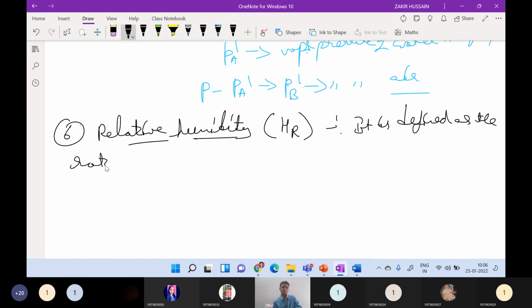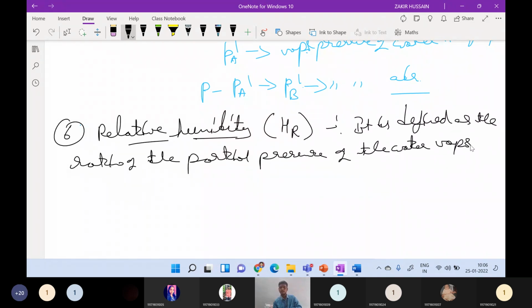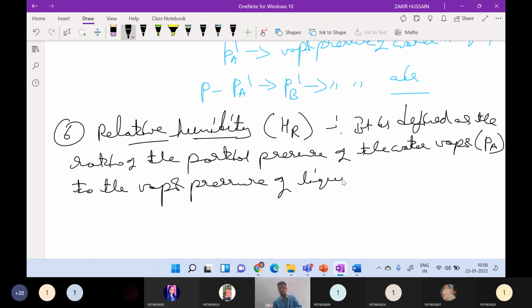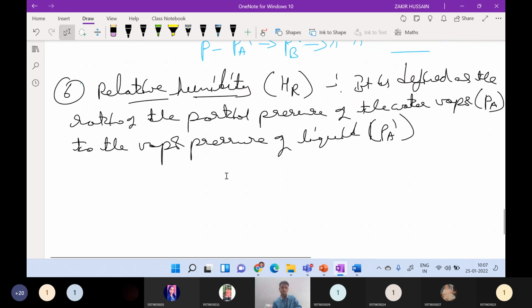That is, the partial pressure of the water vapor, PA, to the vapor pressure of liquid water, PA dash, at the gas temperature, whatever the temperature of the gas is.